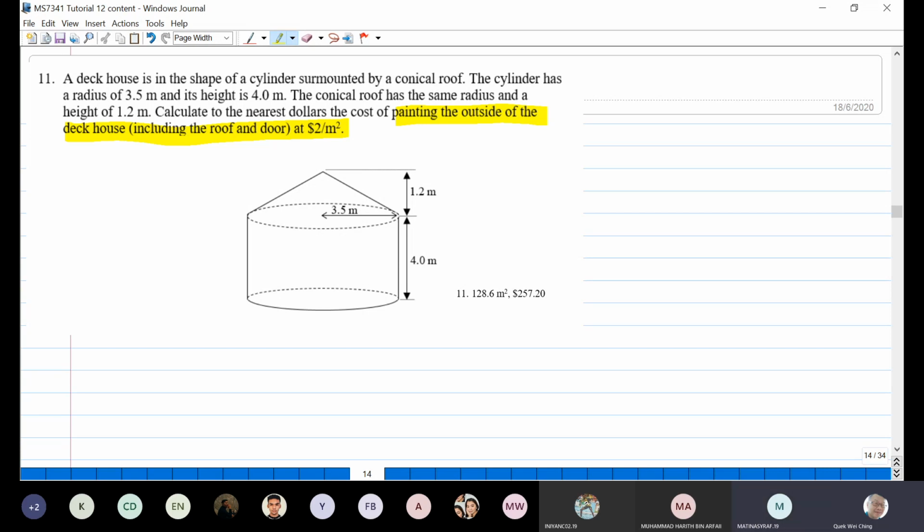The only thing you don't paint is the inside. Inside nothing to paint here. So what we are looking for is the surface area, because to paint something you need surface area.